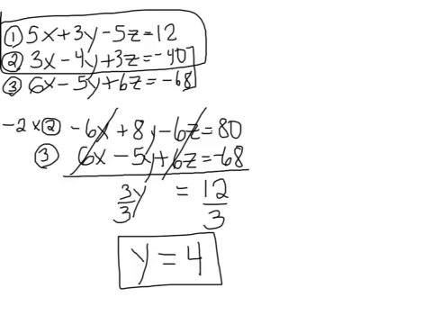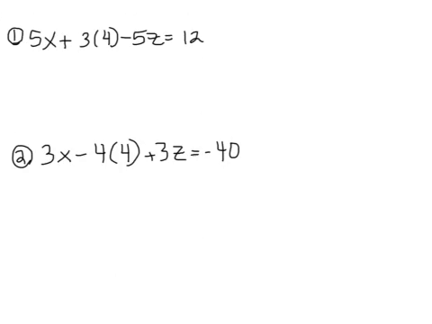I'm going to recopy them, but everywhere that I see a y, I'm going to replace it with the number 4. What will that look like? Turn the page. In the interest of time, here are equations 1 and 2 copied over, except they have 4 in place of y. What will happen now is we can simplify these quite a bit.